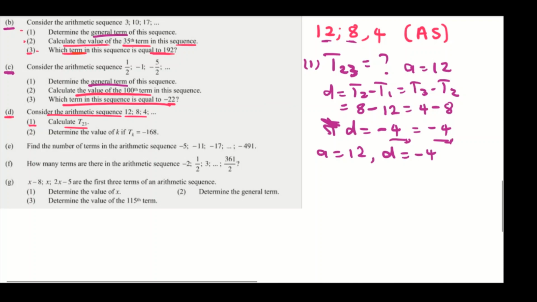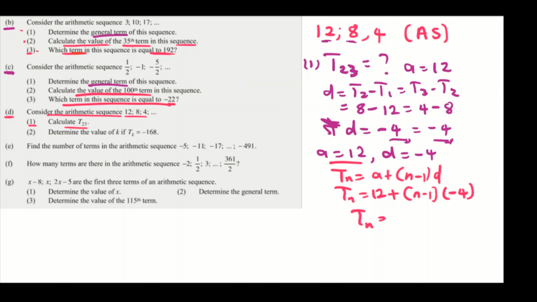Now we can find the general term, where the formula says t subscript n is equal to a plus (n minus 1) multiplied by d. T subscript n is equal to our a value, 12, plus (n minus 1) multiplied by our d, which is -4. Then t subscript n is equal to -4 multiplied by everything inside, so it's -4n plus 4 plus 12.